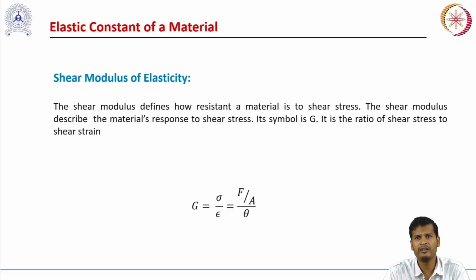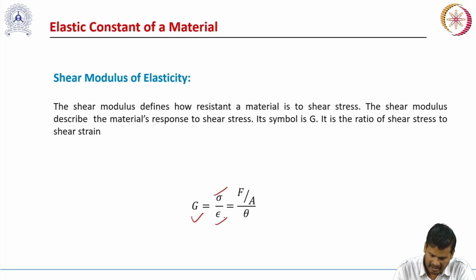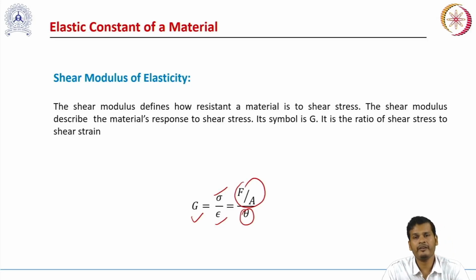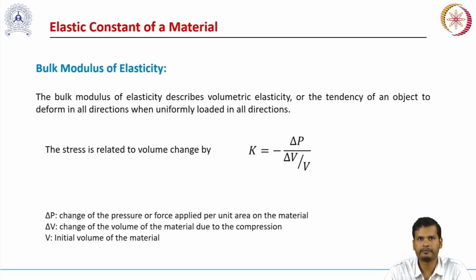So the shear modulus will be used in case a shear stress is applied on the body, to describe the material response to the shear stress. It can be calculated as G is equal to shear stress divided by shear strain, that is equal to force by area divided by the deformation, which will be theta if the angle of deformation is very small.